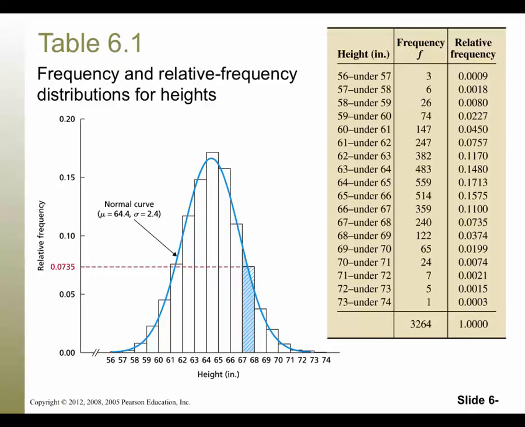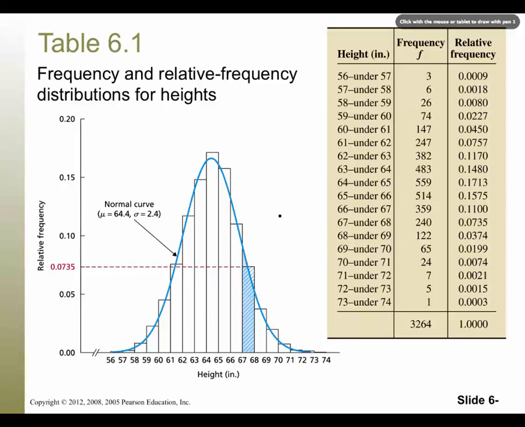Okay, so here was the heights of, I think it's college women. And so this was the relative frequency chart. They broke the heights into classes of 1 inch at a time. So 60 to 61, 61 to 62, and we see that in the relative frequency table here.